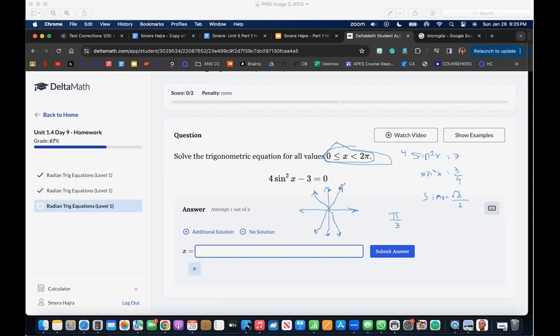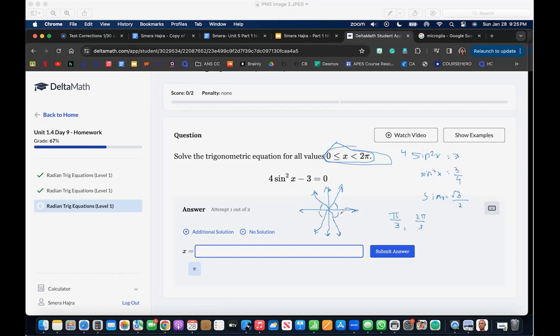So we have this pi/3, that's one of the answers. And in the positive region, we also have this one, which should be 2 pi/3. I would say that should be it, but it's not. There's more. There is this one and this one.